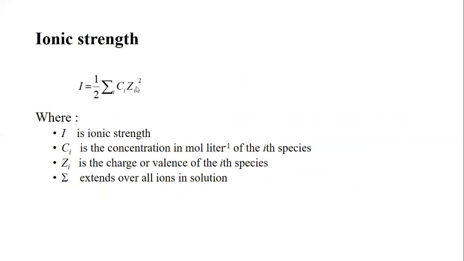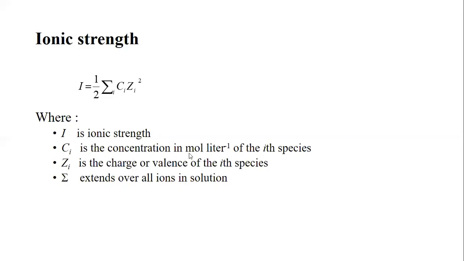So if you have, say, 10 different ions, you put half first and open a big bracket, and you take the concentration of each one of them, multiply it by the square of its charge, then you add to it the next concentration of the next one, multiplied by the square of its valence, and so on. You add them all, and remember, there is a half in front of all this. So that's I, the ionic strength.